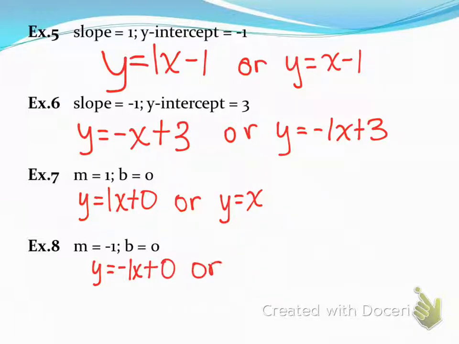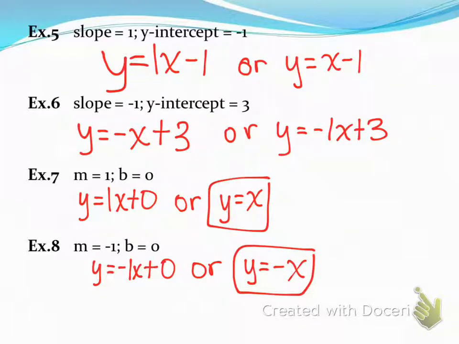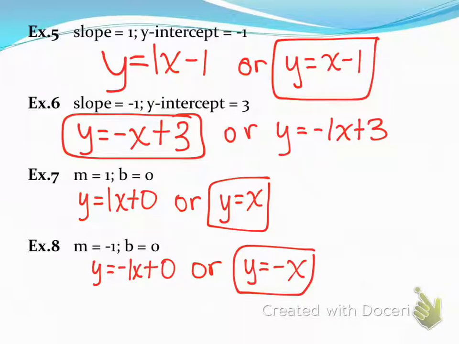What is the alternative to that one, Keon? Y equals negative x is the alternative. Okay, I'm going to box the answers you'll usually see. That does not mean that the other ones are wrong. It just means that we will usually see them written the way that I boxed them in.